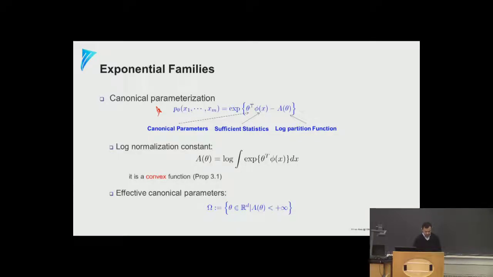It contains a product between the canonical parameters and the vector of sufficient statistics. I will give you examples very soon. And then there is a log partition function to make sure that the whole thing normalizes to 1. And there is also, of course, a feasibility space of this formula. For example, theta has to be such that it does not lead to infinity in the normalization constant, right? Every theta that gives a finite partition function is a feasible theta. Therefore, that's the space of the canonical parameters.